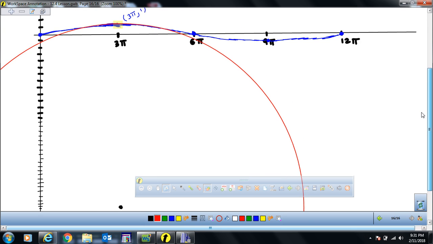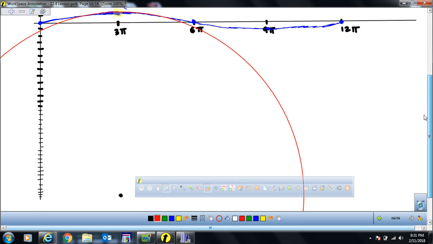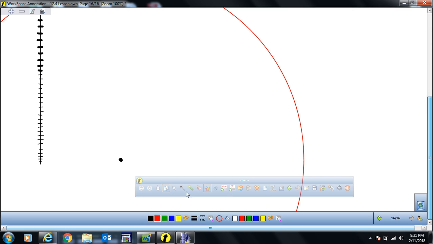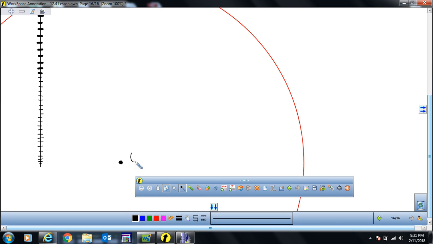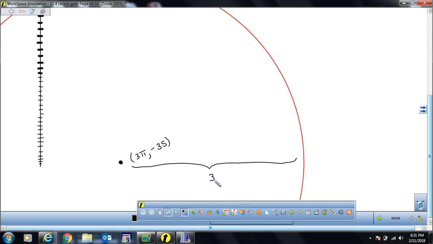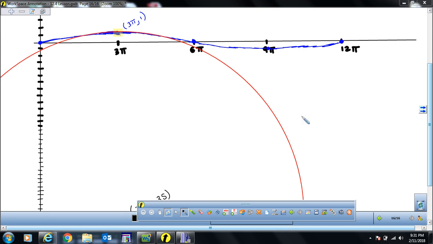Okay. So the graph of that equation has the center 3 pi, comma negative 35, with a radius of basically 36 units, because from that center all the way here, that would be 36. Remember that we said that from 3 pi to 6 pi is about 9 units.